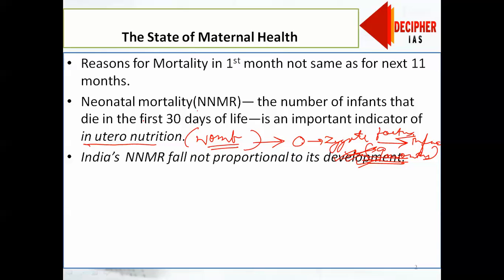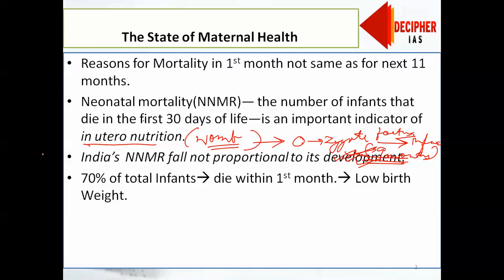That is, fewer children below 1 month of age die there. In India, 70% of total infant deaths are due to neonatal mortality, within the first month, and it is mainly due to low birth weight of the child.